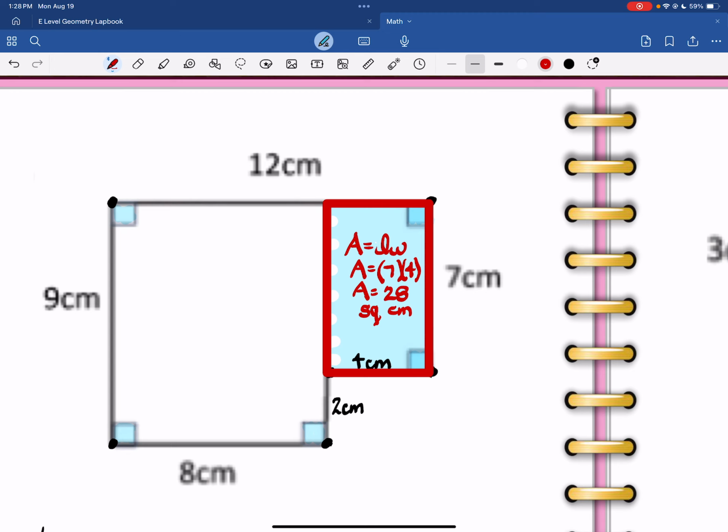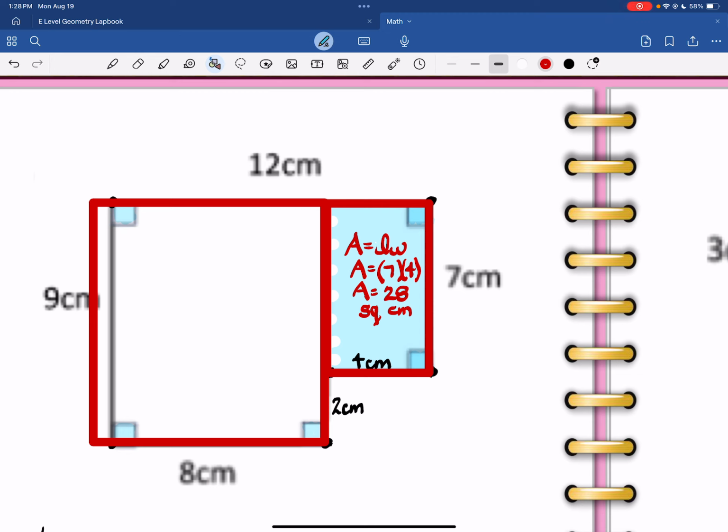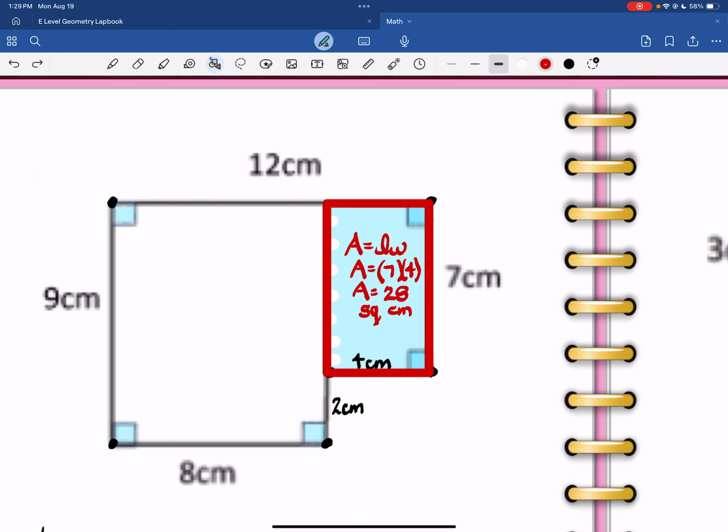And then let me do the area of the larger part. Look at them in sections. That did not go well, did it? Let's try again. That still did not go well. So let me not do that. The area of this bigger rectangle is 8 by 9.